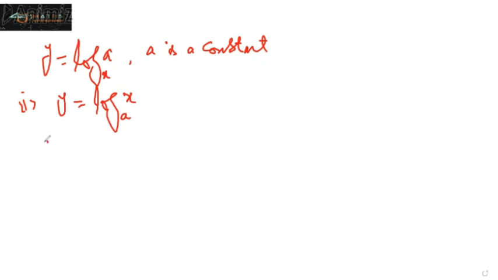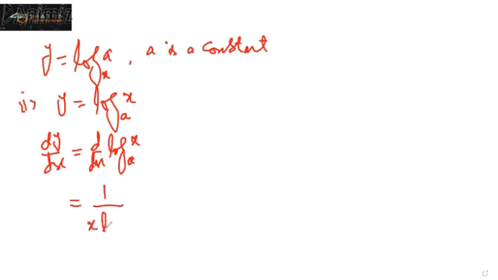We are familiar with its derivative. Applying the derivative operator to both sides, we know its derivative, which is 1 upon x along with natural log of the constant involved in the base.